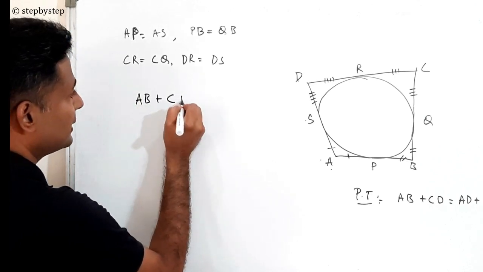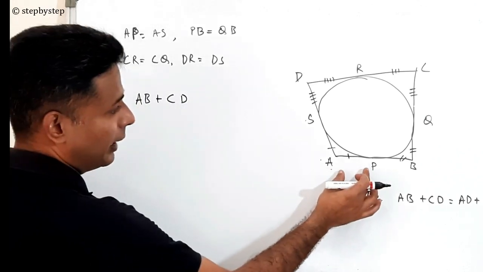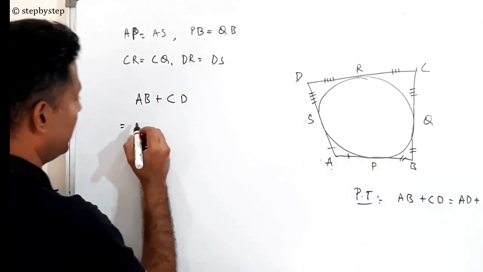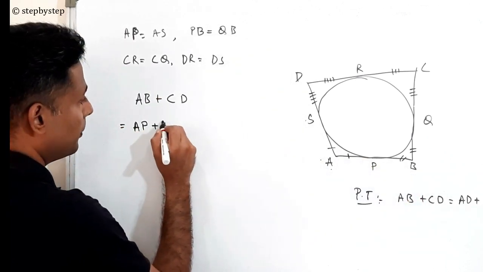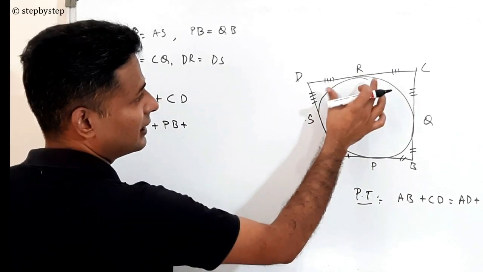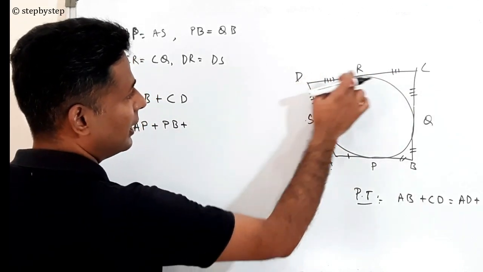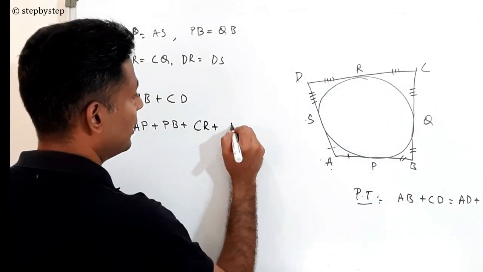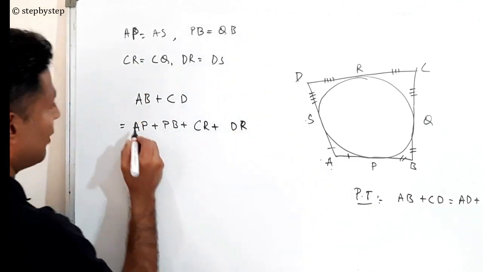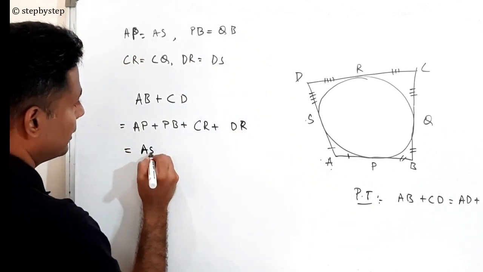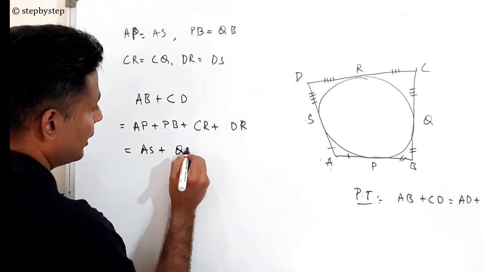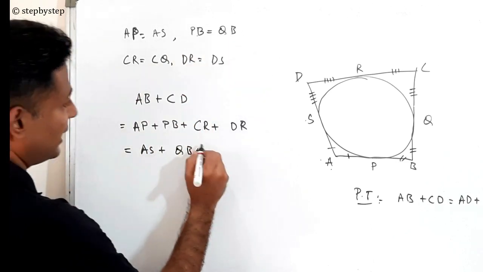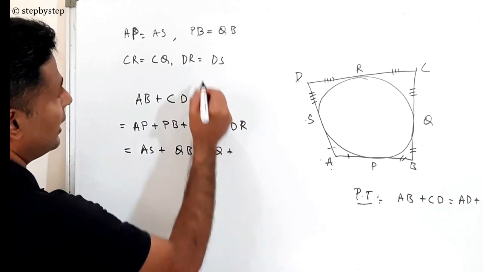AB plus CD is equal to, now AB plus CD is what? AP plus PB, right? AP plus PB plus CD. CD is CR plus DR. So CR plus DR. But what do we have? AP equals AS, PB equals QB, CR equals CQ, DR equals DS.